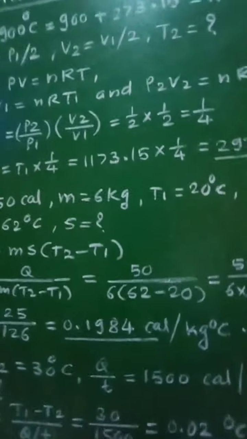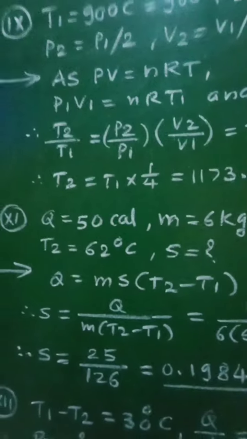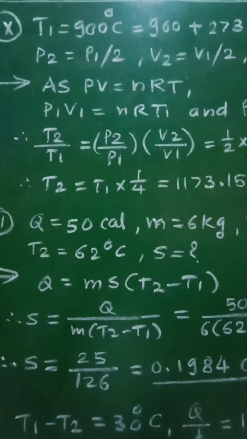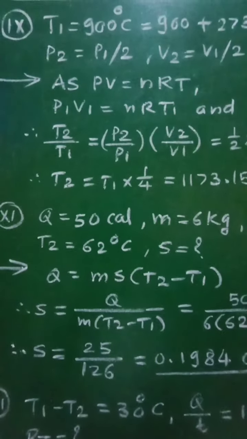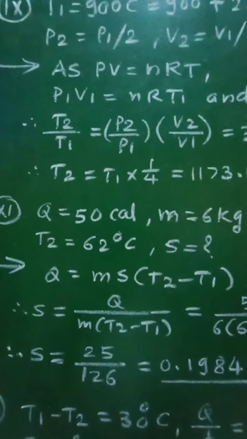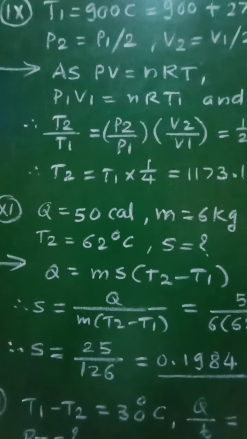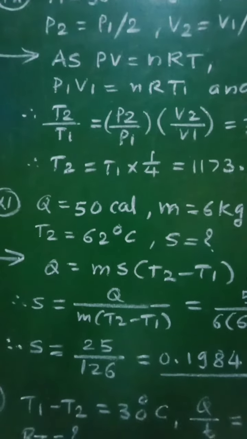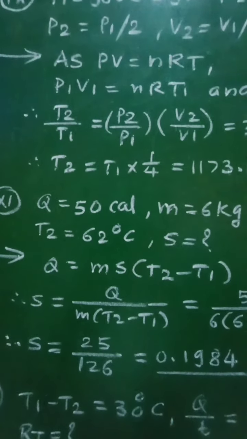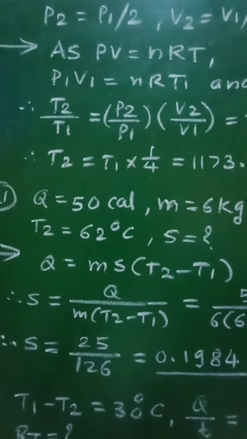Then let us go for next numerical, that is numerical number 11, which is stated as, what is the specific heat of a metal if 50 calorie of heat is needed to raise 6 kilogram of the metal from 20 degrees Celsius to 62 degrees Celsius.